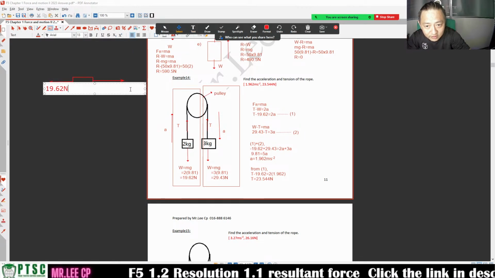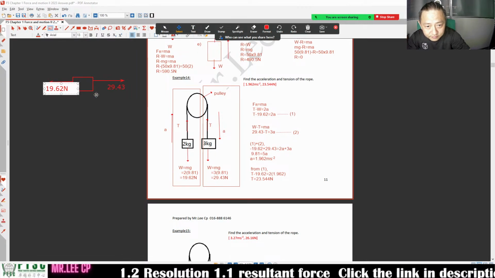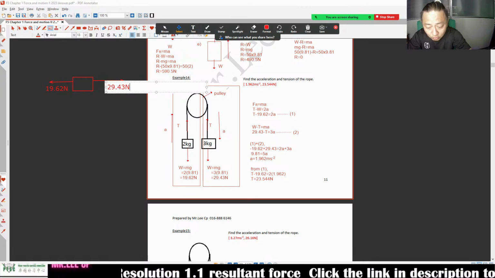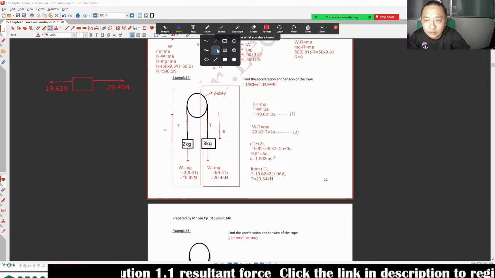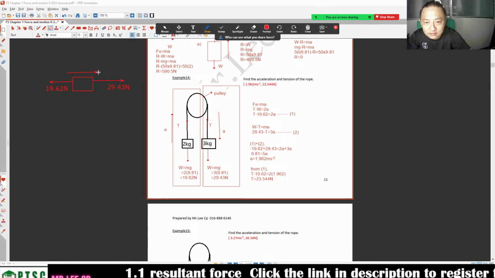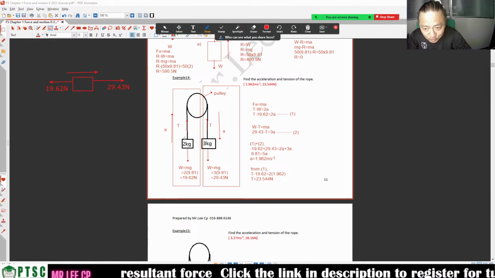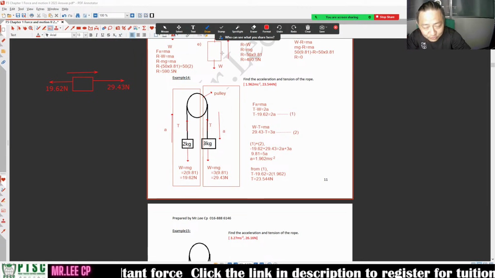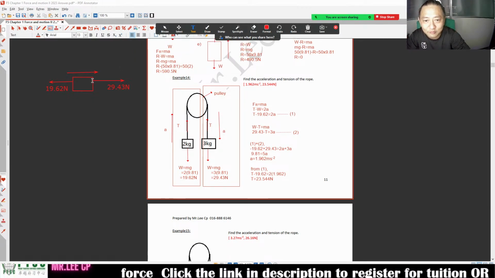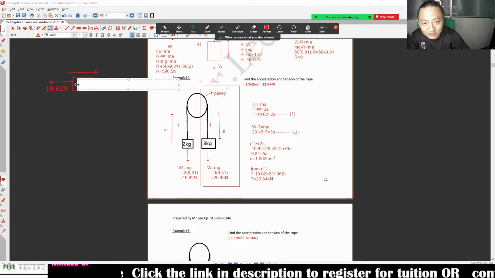Okay, you get it? Where will it go? Of course, it will move this way. The total mass is 2 plus 3, not 2 times 3, so 5 kg.